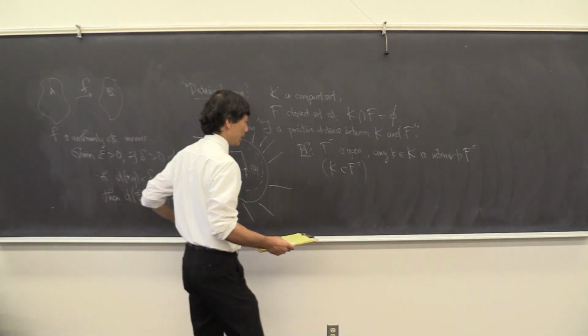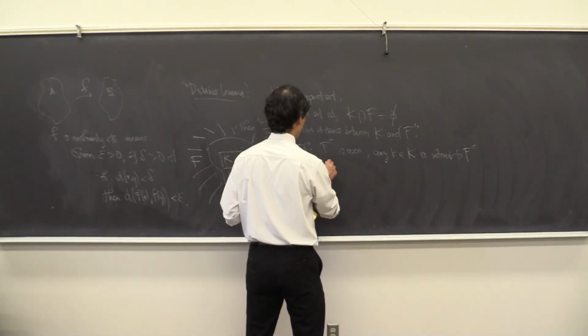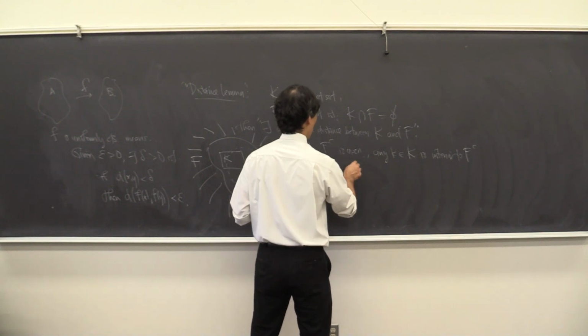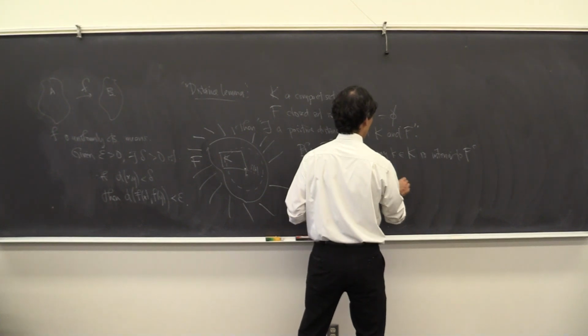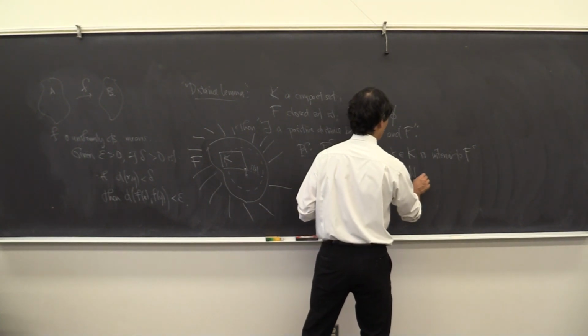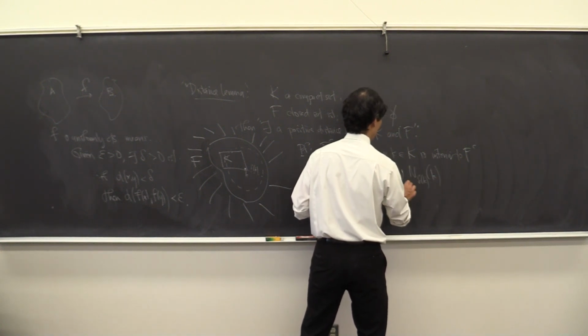So let me lay it out. You say, well, cover K with neighborhoods of radius delta k over 2, centered at k.